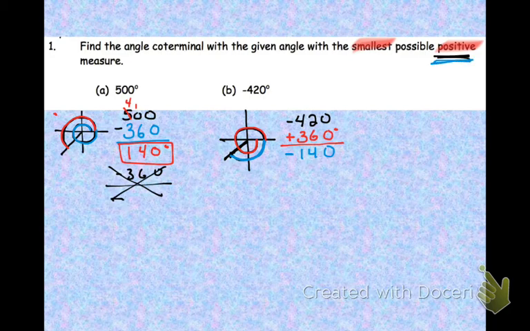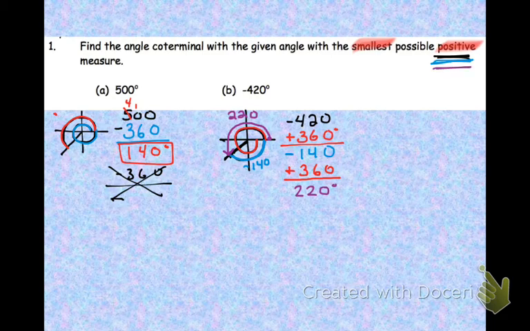Which now is still an issue because we want to know, again, what is the smallest positive number. So to make this a positive angle, we would again add another 360. So in this case, if you add another 360, you end up with 220 degrees, which means that if you go from this side over here and rotate around, you have positive 220, just like this is negative 140.